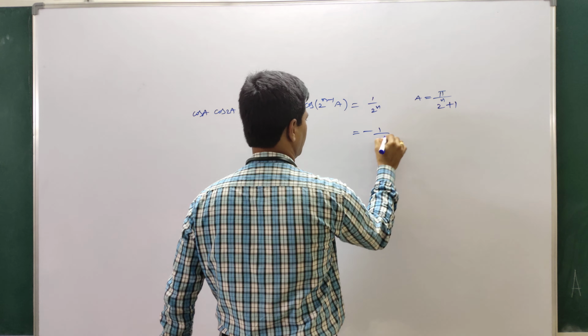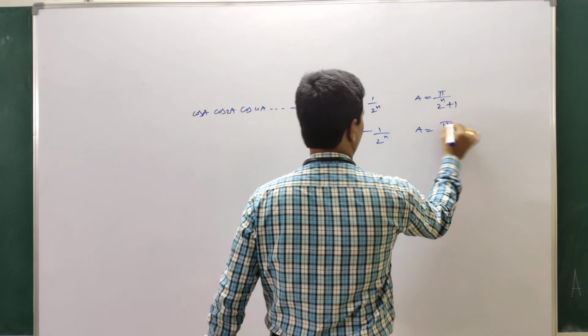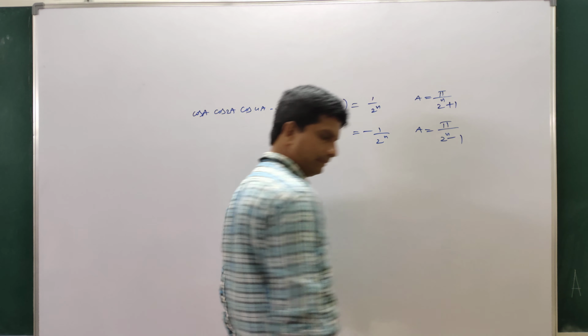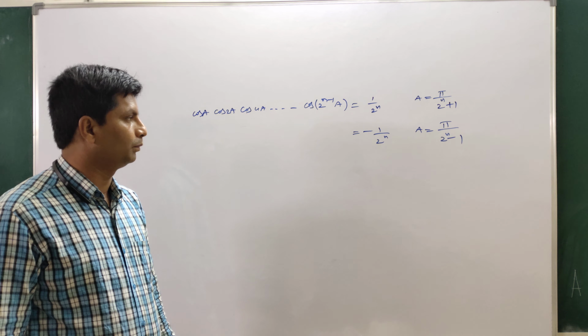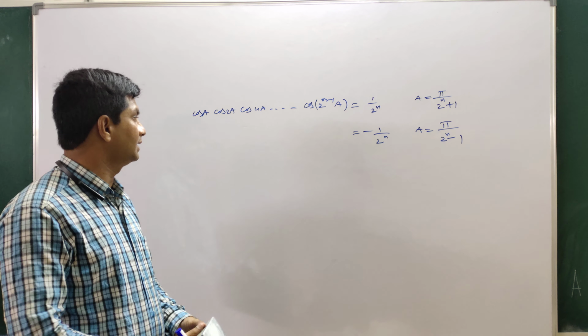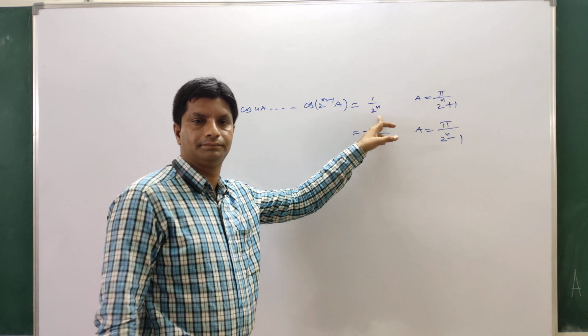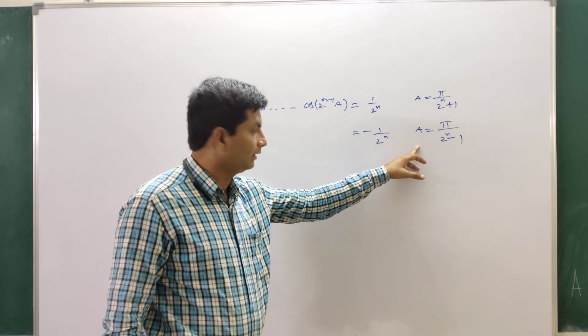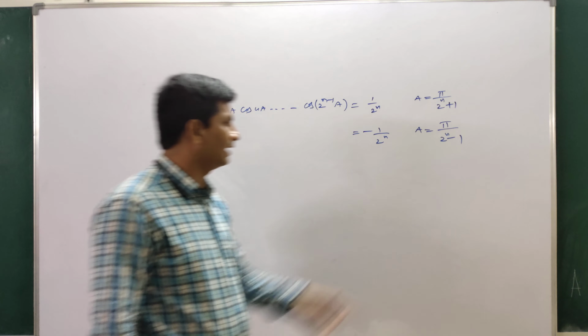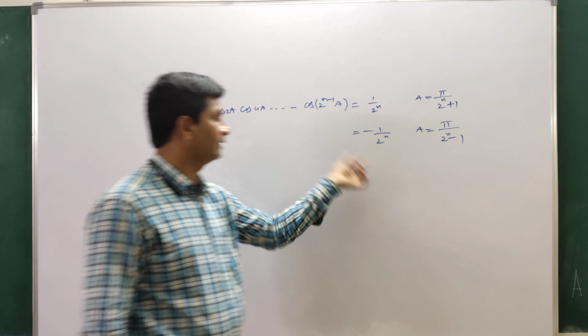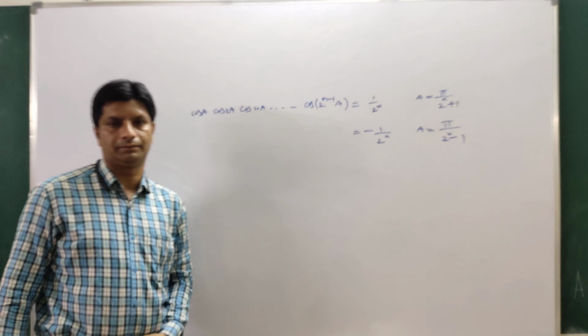This is minus 1 by 2 power n if A equals pi by 2 power n minus 1. If the angle capital A can be written as pi by 2 power n plus 1, then this value is given directly by 1 by 2 power n. If the angle A equals pi by 2 power n minus 1, the formula is given by minus 1 by 2 power n.